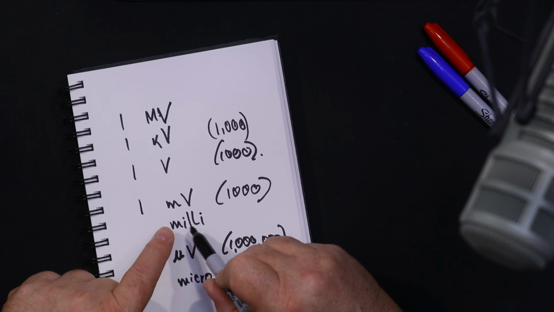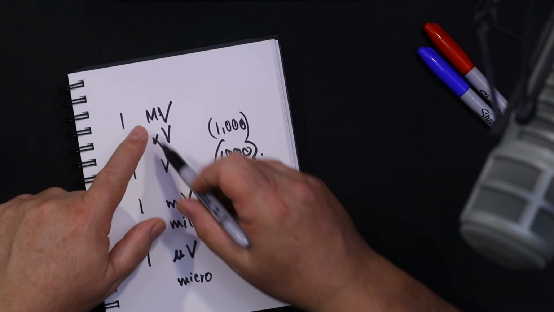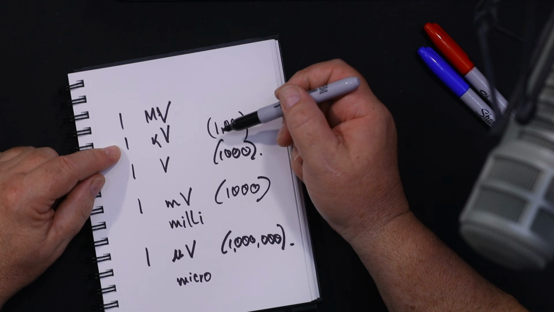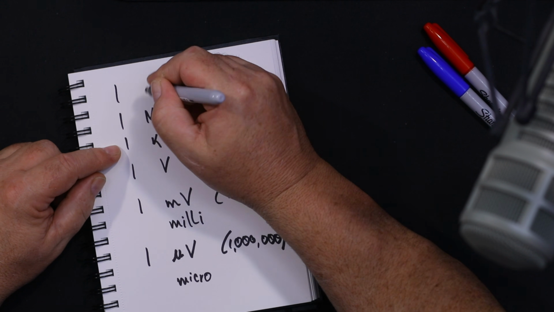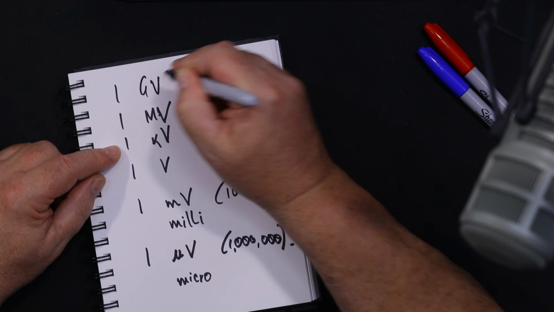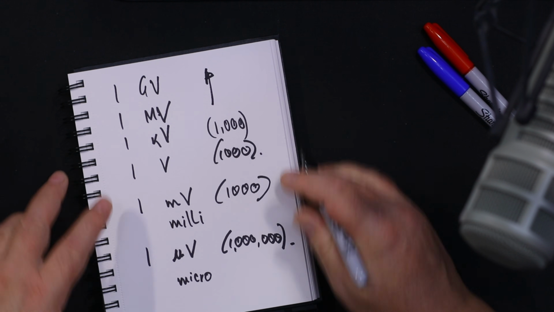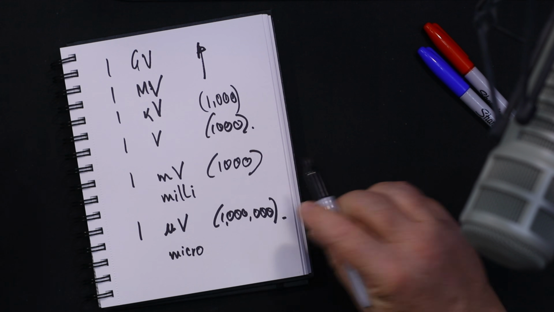There's a hell of a difference between 1 millivolt and 1 megavolt, because that would be 1 million volts. You can have a factor of 1,000 again. Very rarely would you see 1 gigavolt, and that's another 1,000. All the way up, it goes in a factor of 1,000.